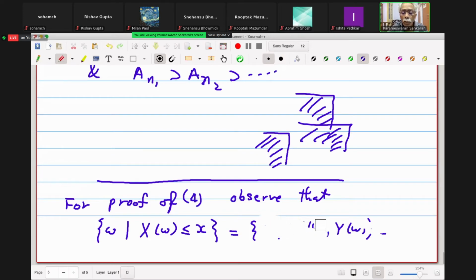So I want to write it like this, just finish it off in one line. So n bigger than or equal to 1. Here I will write in brief notation: omega such that X(omega) is less than or equal to x, Y(omega) is less than or equal to n.